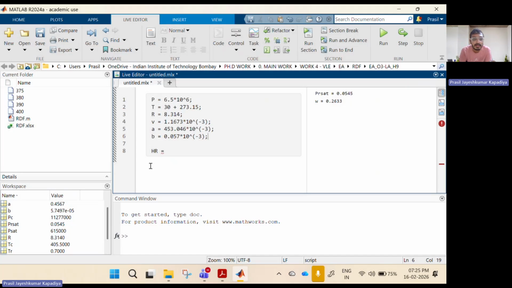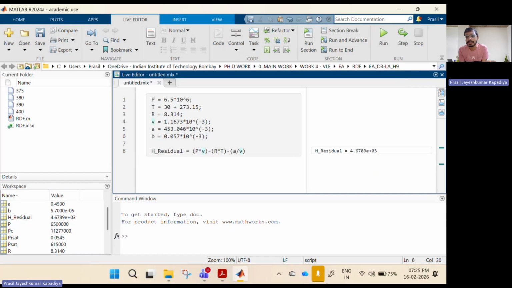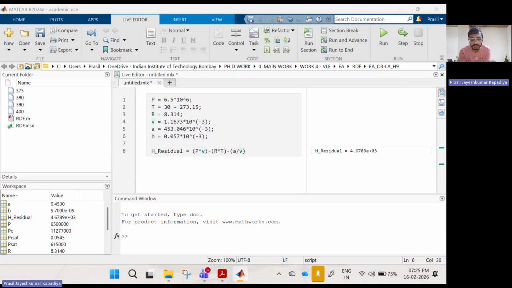So my H residual will be equal to the first term P into V, minus R into T, minus a divided by V. What is my residual enthalpy coming out to be? A very huge value, 4.6789 into 10 raised to 3.